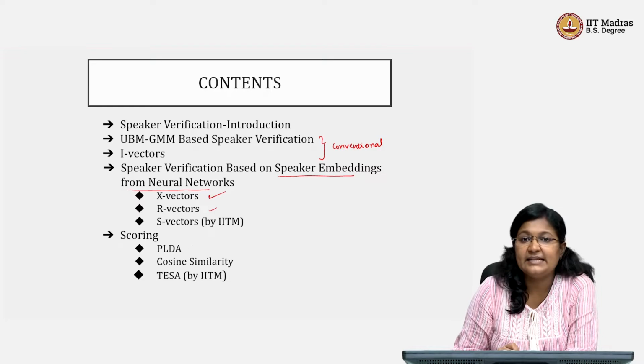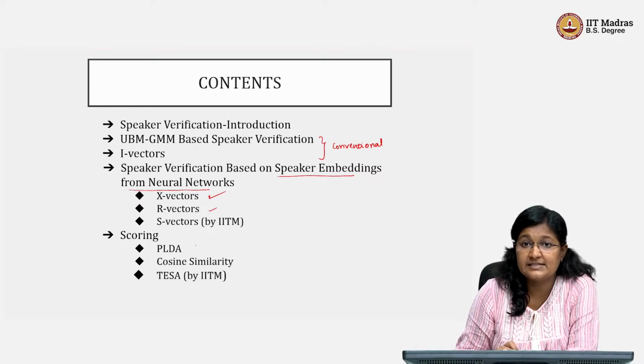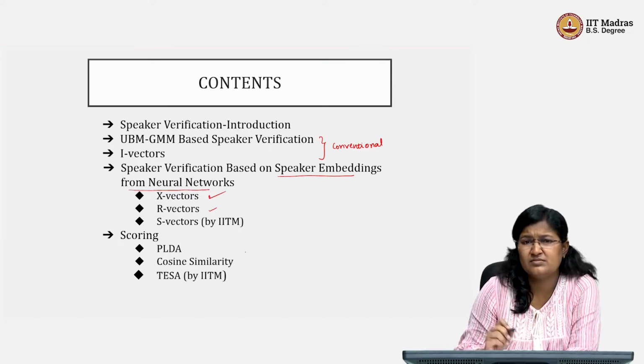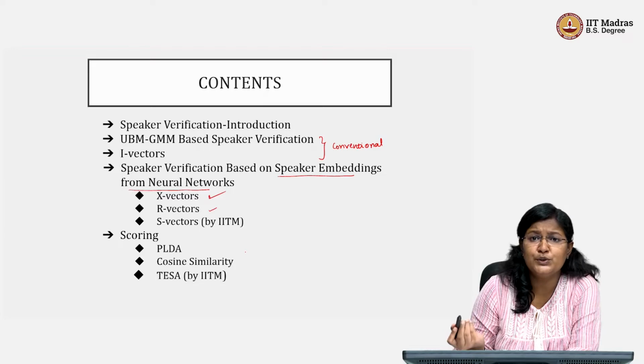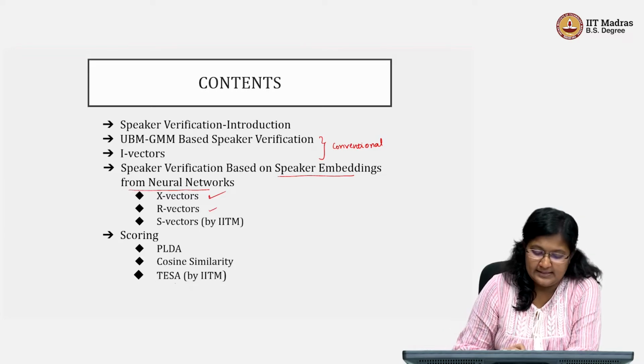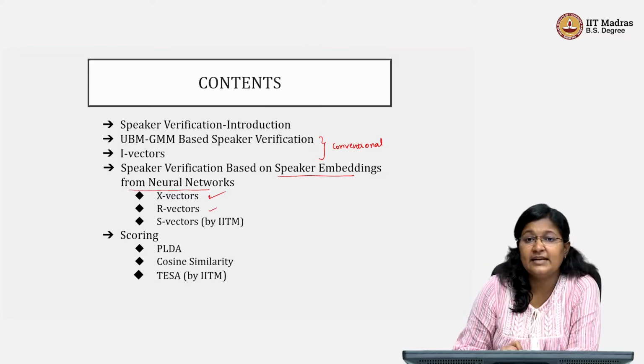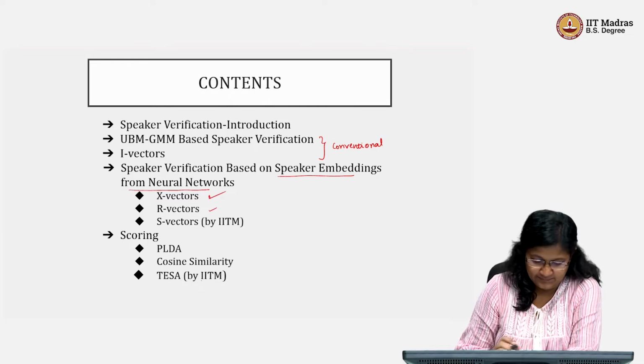So we have PLDA, which is probabilistic linear discriminant analysis, and a simple cosine similarity, which is nothing but cos theta, where theta is the angle between the two embeddings. And then Tessa, which is transformer encoder speaker authenticator. This is again an in-house technique.